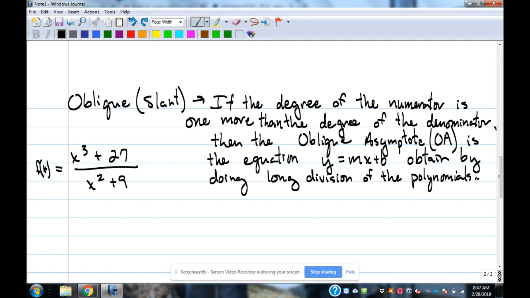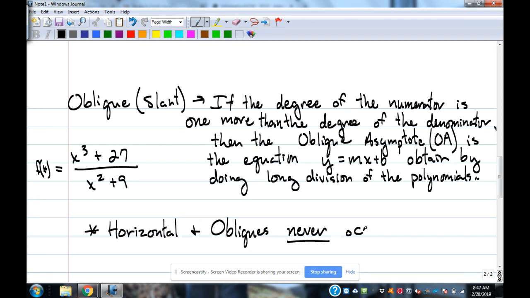So with these asymptotes, one of the key things is that horizontals and obliques never occur together.